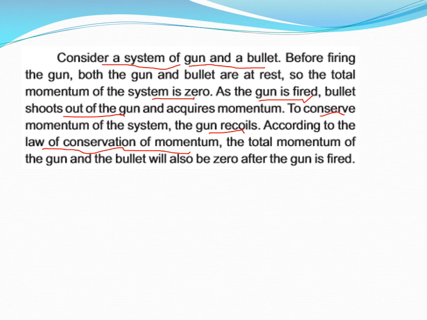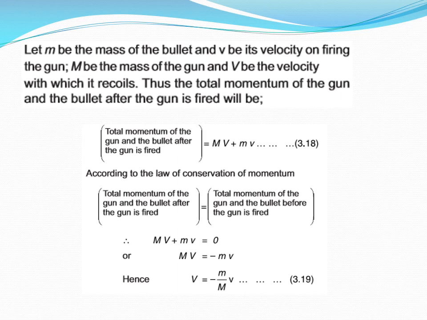So let's have its mathematical form. Let small m be the mass of the bullet, and small v be the velocity on firing the gun. Let uppercase M be the mass of the gun, and uppercase V be the velocity with which it recoils.